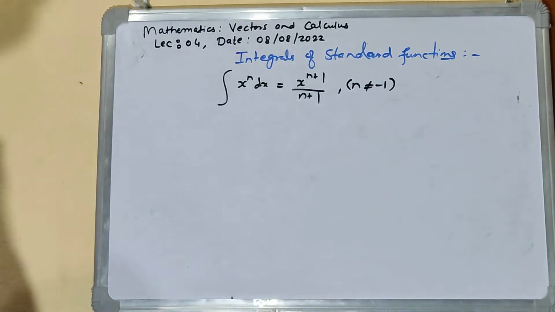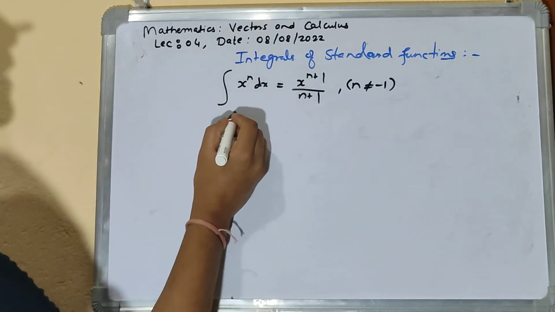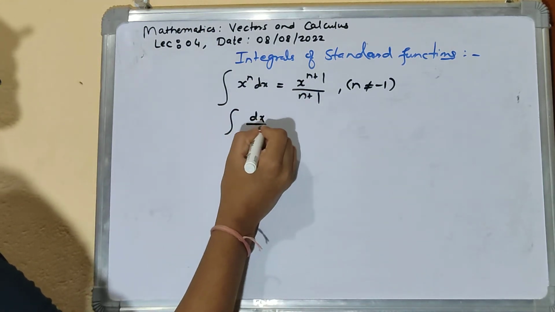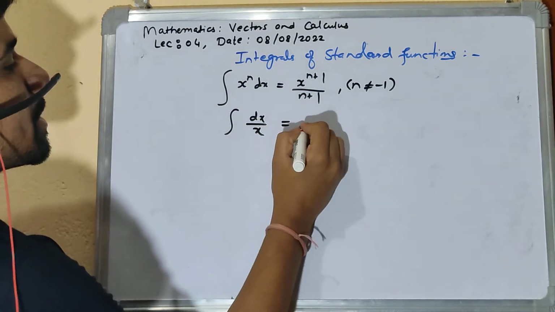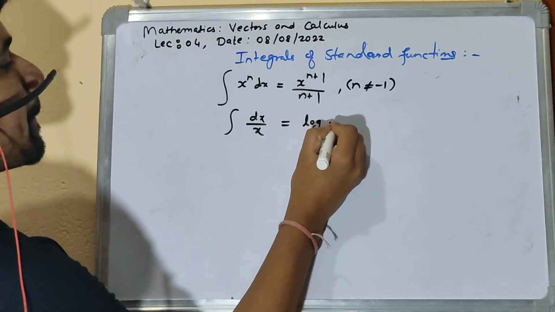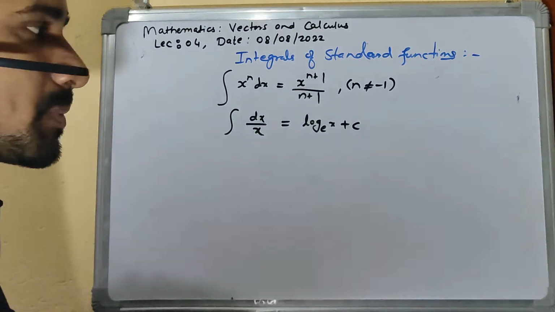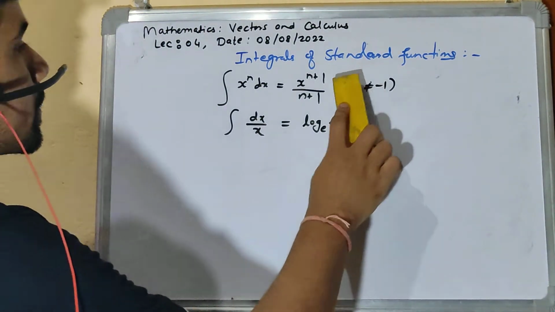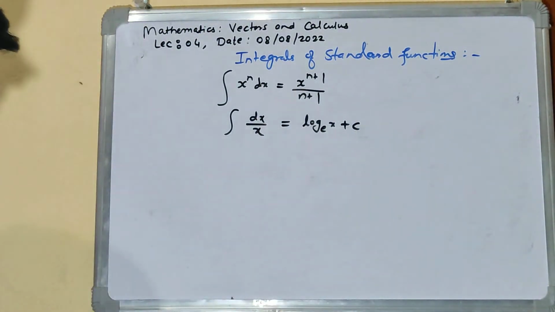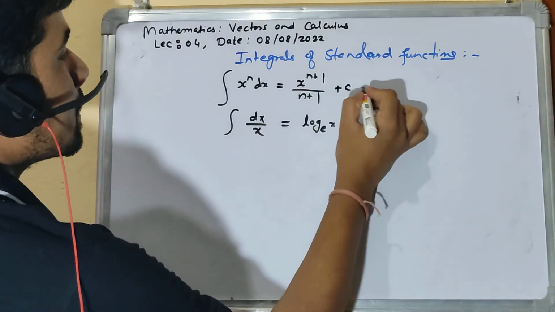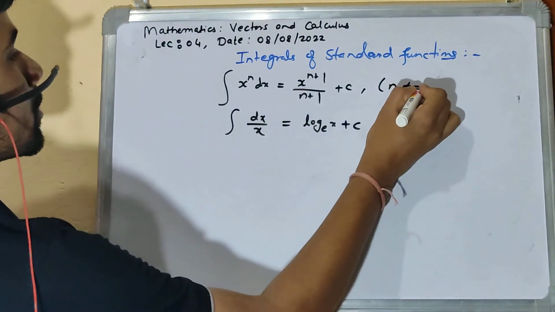What if n is equal to minus 1? Then the integration of 1 by x dx is log base e of x plus c. This is an indefinite integral, so we need to place plus c against all of these.